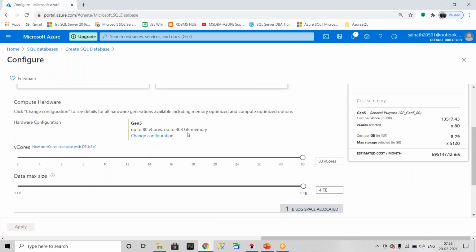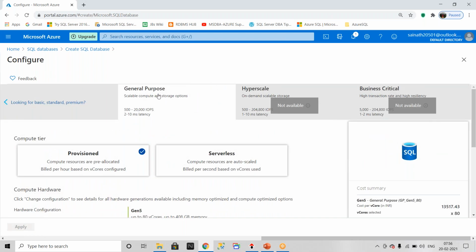See here, when you go for general purpose, we have two compute layers. One is provisioned, one is serverless. So what is the difference between provisioned and serverless? First of all, what is provisioned?